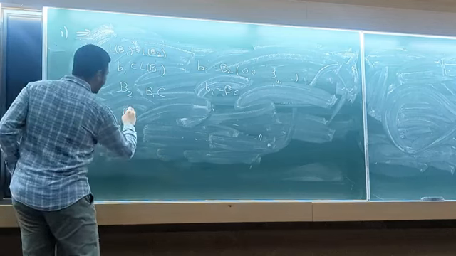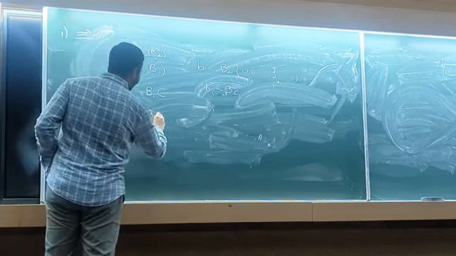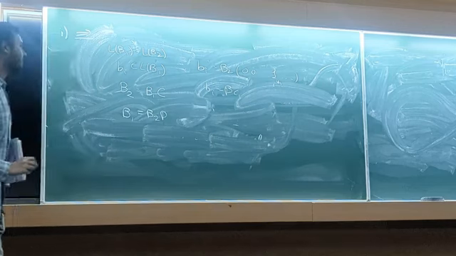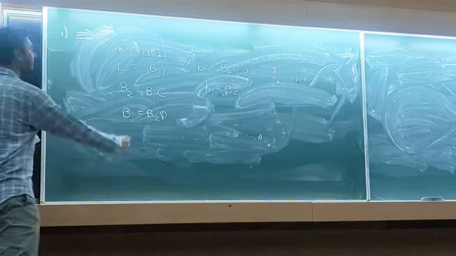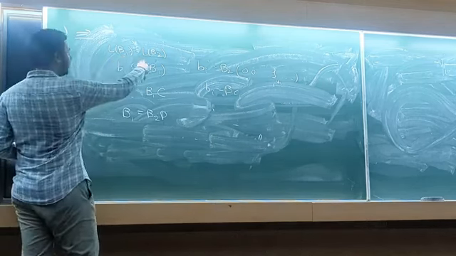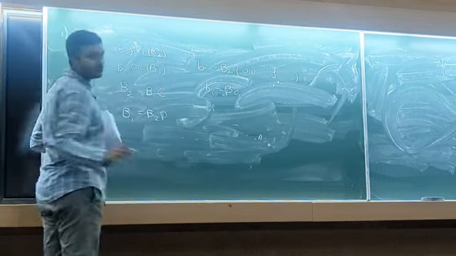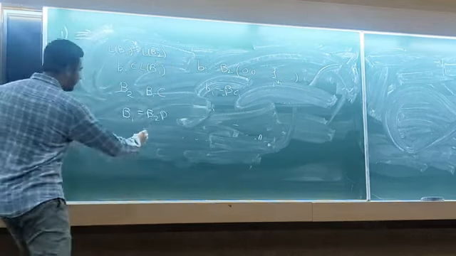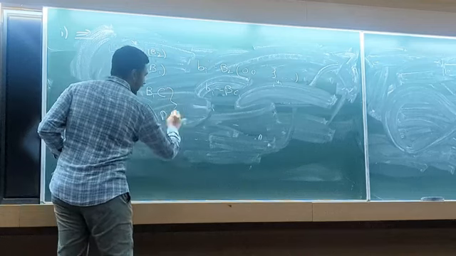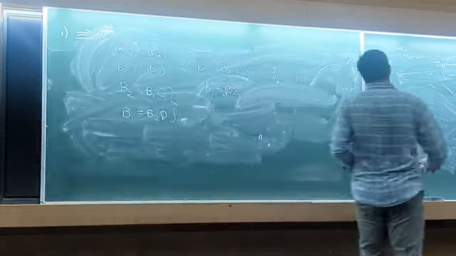Alternatively, I can also show that B1 is B2 times some other matrix D, using the same argument, but showing that every column vector in B1 belongs to the lattice generated by B2. Okay? So now that I have these two, I will proceed to the other part.